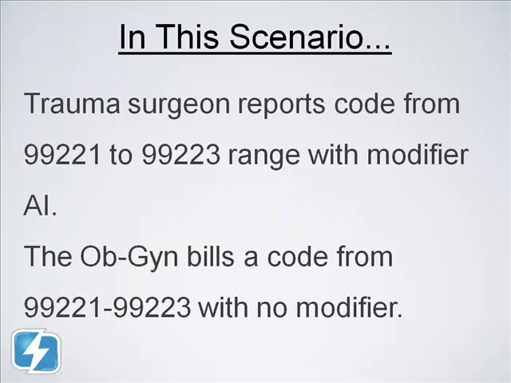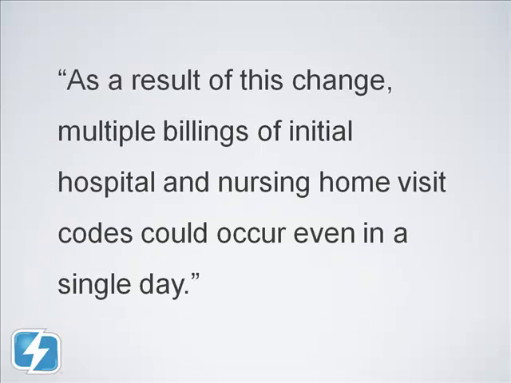If the admitting physician does not include a modifier AI, then the payer is receiving two initial hospital care claims for the same patient on the same day. CMS Transmittal 1875 acknowledges that, saying, as a result of this change, multiple billings of initial hospital and nursing home visit codes could occur even in a single day.